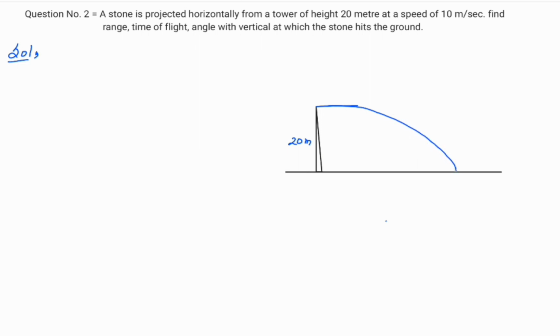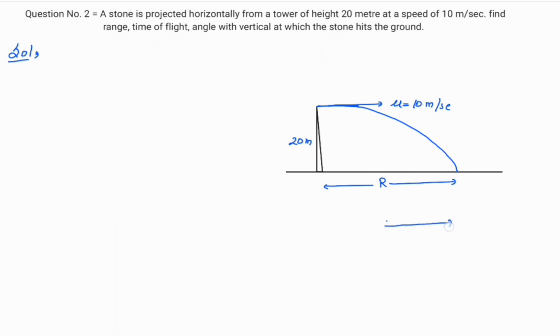We have thrown a projectile horizontally and this is going to be my range. What is the initial velocity given over here? u is given as 10 meter per second, horizontally. It means it is the same as u of x.